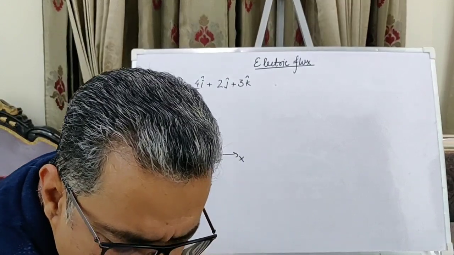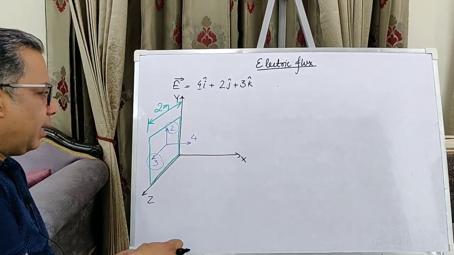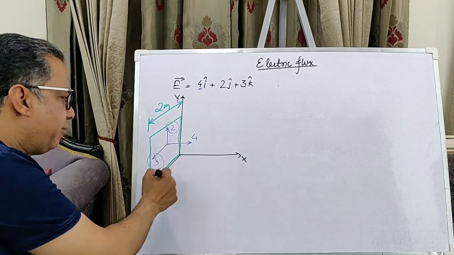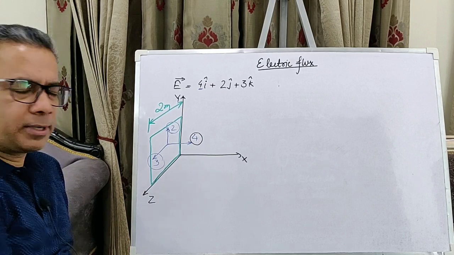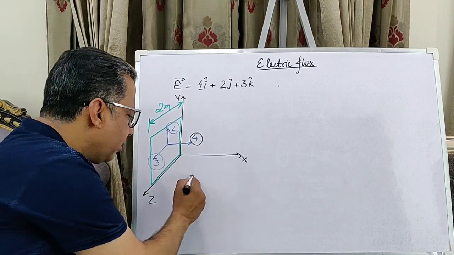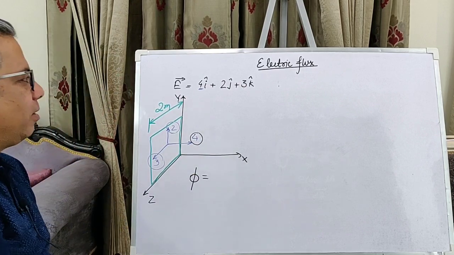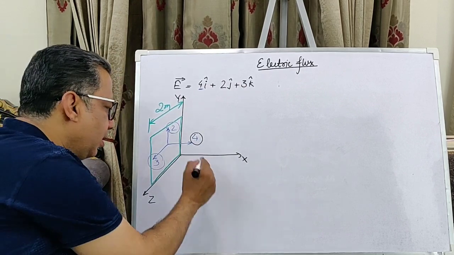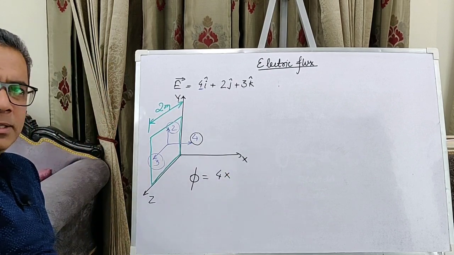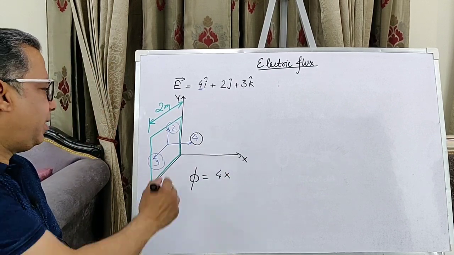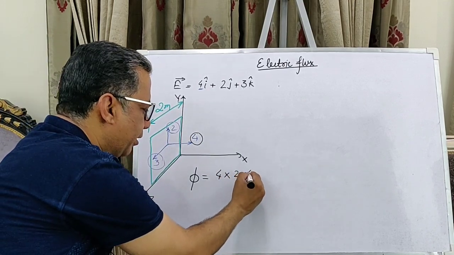And since this x component is constant everywhere throughout this surface, with a constant magnitude of 4, the flux through this surface would be equal to 4 times the surface area, and the surface area is 2 times 2, that's 4 as well.